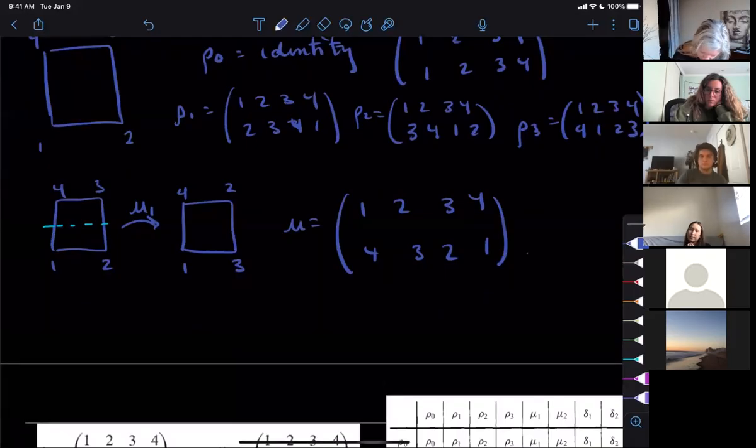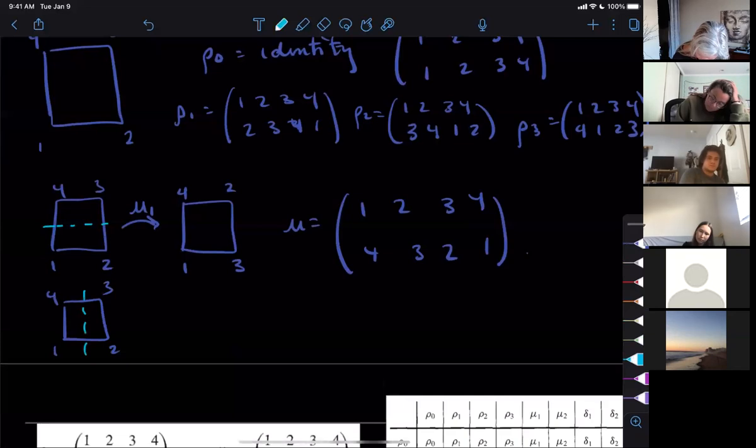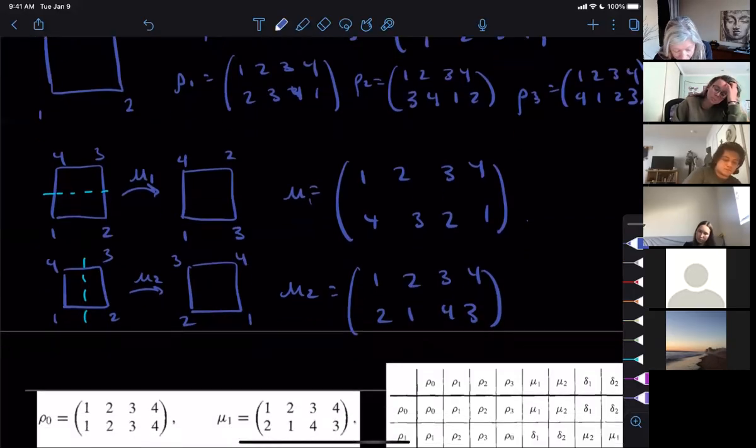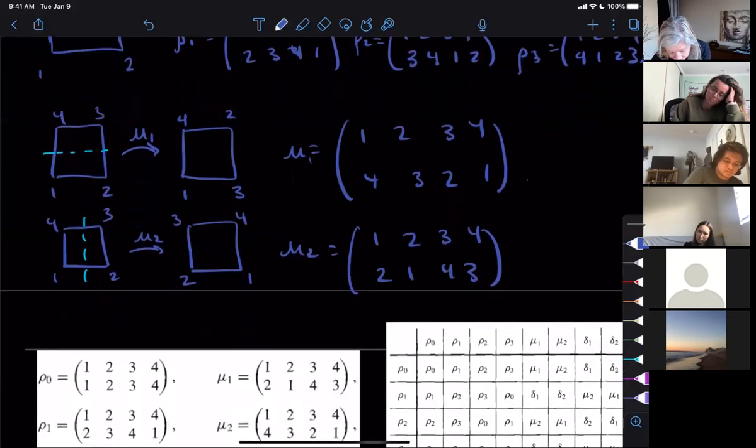The other vertical one: 2 and 1 change places, and 3 and 4 change places. And then there's the diagonal ones like Kelly was saying.